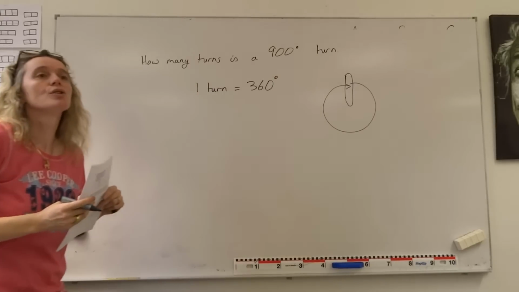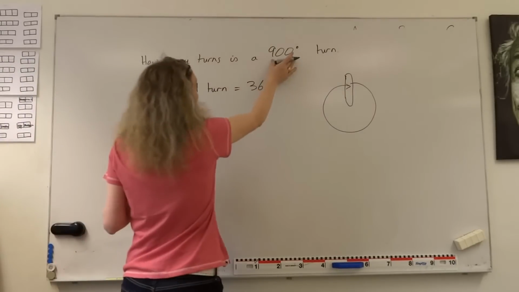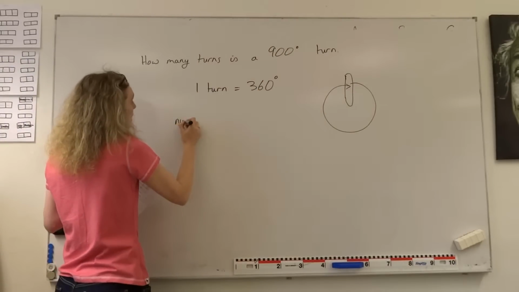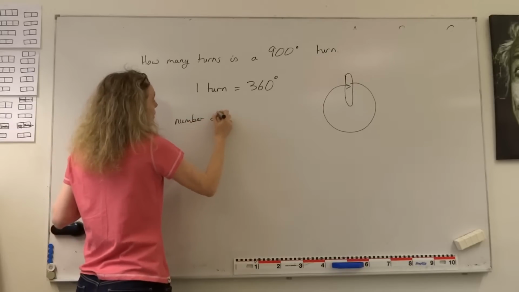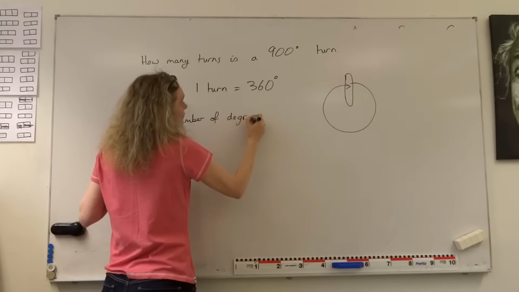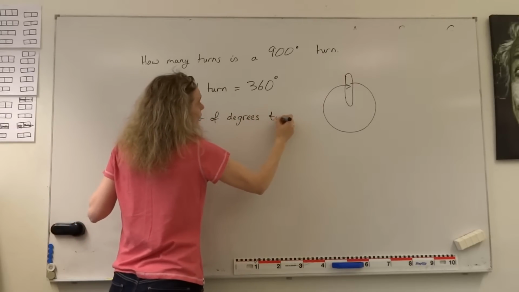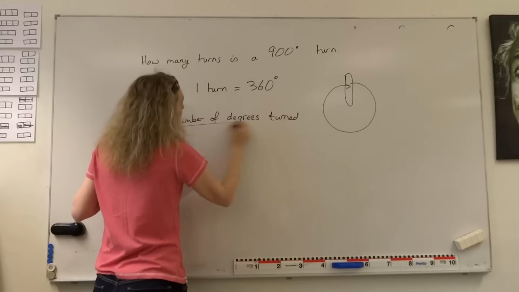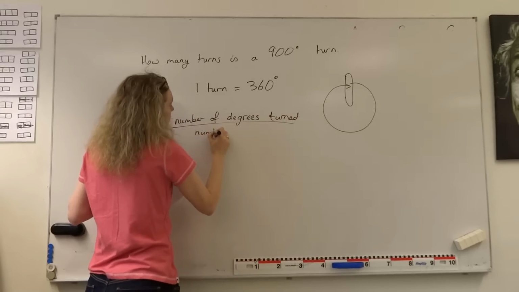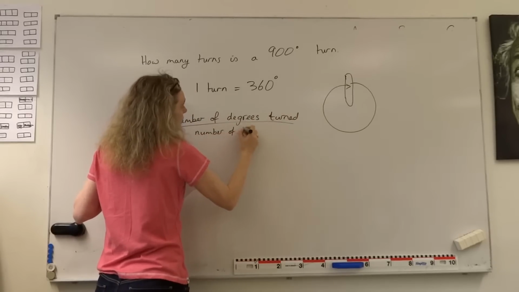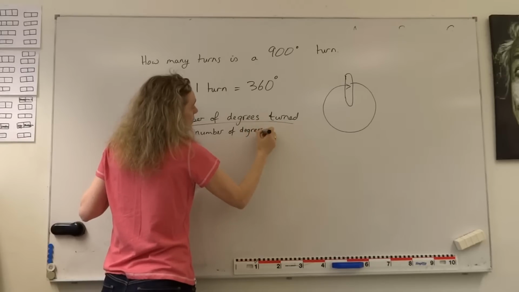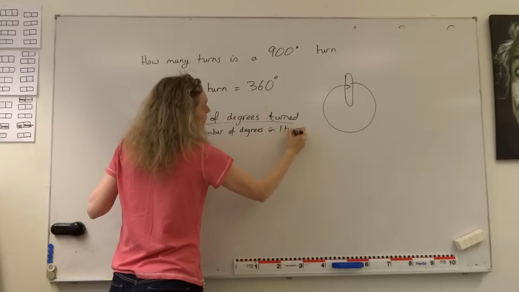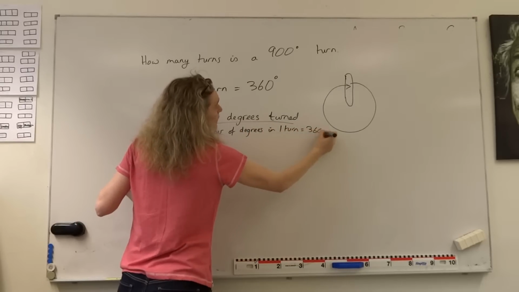Okay? So the way that we get what a 900 is the number of degrees that you turn divided by the number of degrees in one full turn, which is always 360.